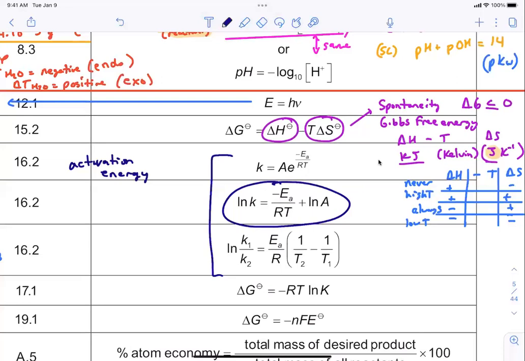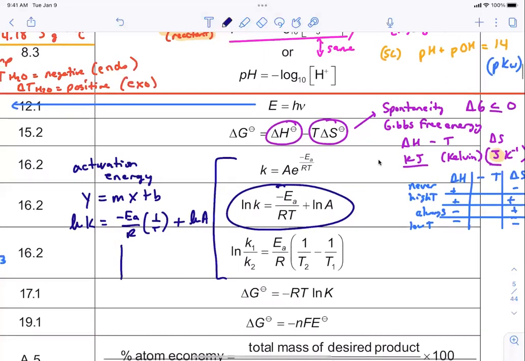But we're using this to measure the activation energy of a reaction because this equation is very much so y equals mx plus b, where y is natural log of lowercase k, negative EA over R is m, 1 over T is x, plus natural log of A, which is your y-intercept.